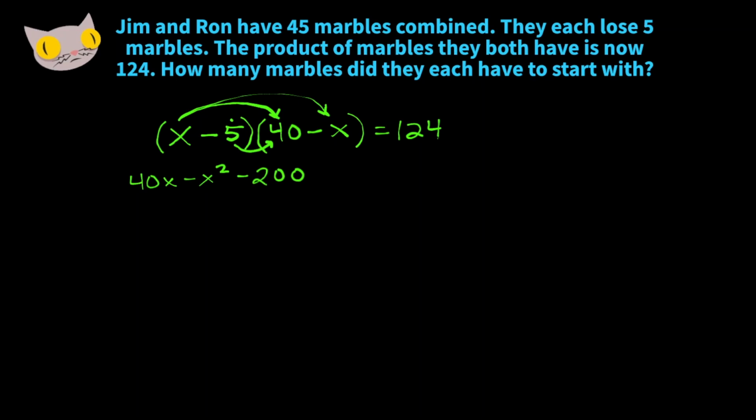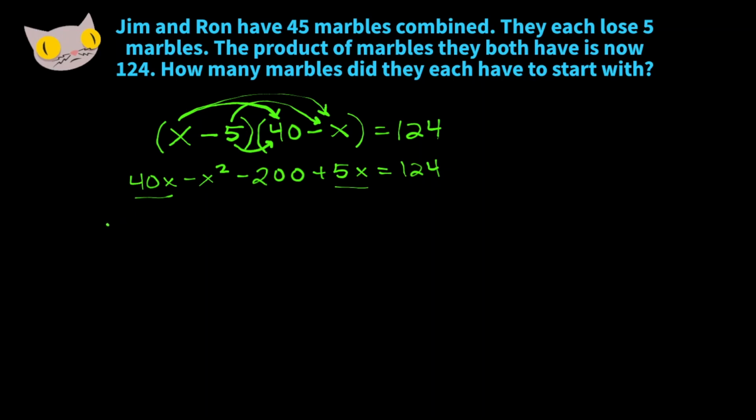And then the two last numbers, negative 5 times negative x, that's going to give us positive 5x. And that's equal to 124. We can combine like terms, and we have 40x and 5x. So that's going to give us 45x.